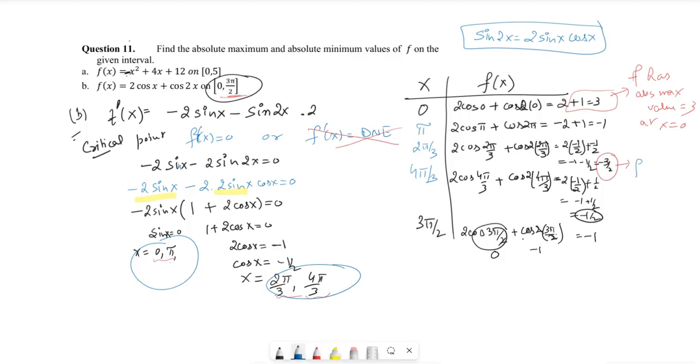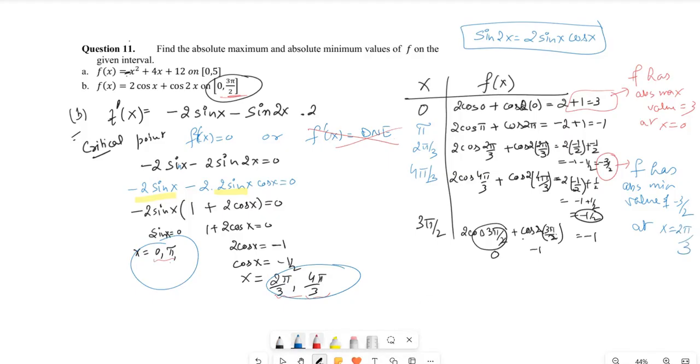So f has absolute minimum value of negative 3 by 2 at x is equal to 2 pi by 3. Actually, you know what? Cosine 8 pi by 3 is also negative half. So that is also becoming negative 3 by 2. So the minimum is happening at two places, 2 pi by 3 and 4 pi by 3. Both of them are coming negative 3 by 2.